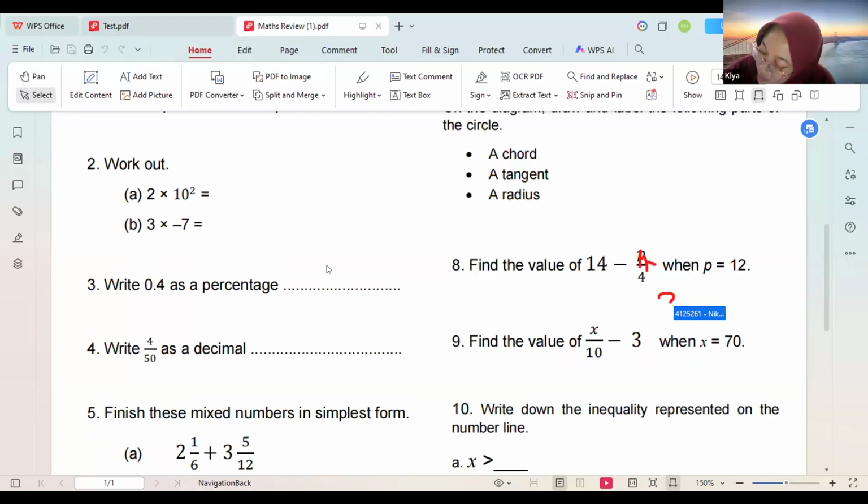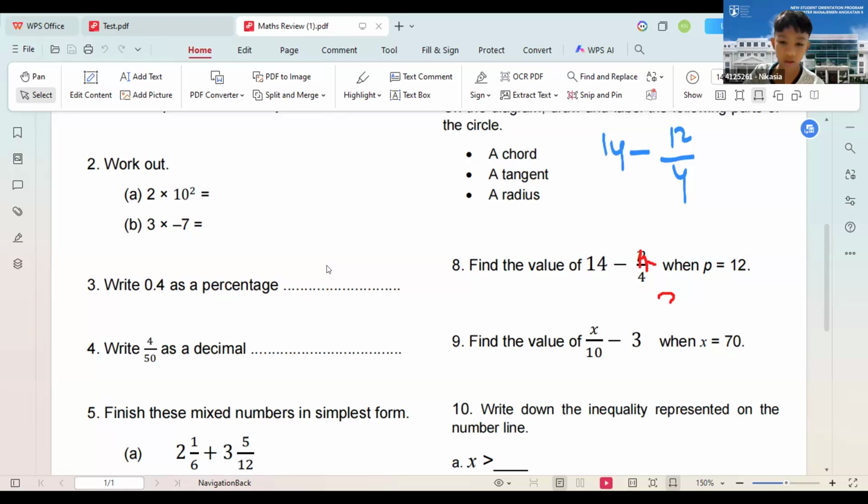So you have 14 minus 12 per 4, and then times 3, and then the 3 minus 14.